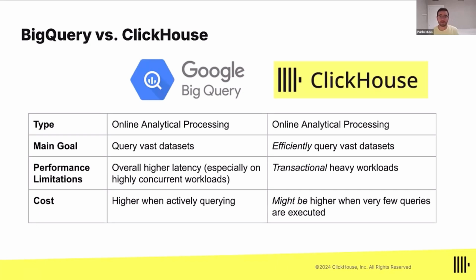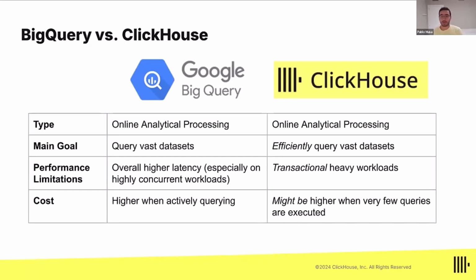On the other side, if you just have ad hoc queries, you run a query here, you run a query there, and that's what you really need, then BigQuery is probably what you're looking for because you're not worried about speed and you don't have this high volume of queries, right?